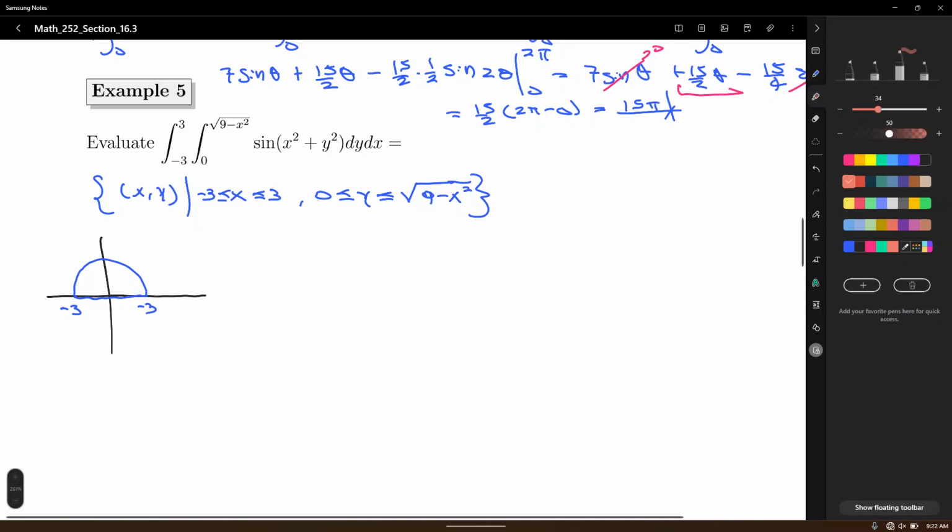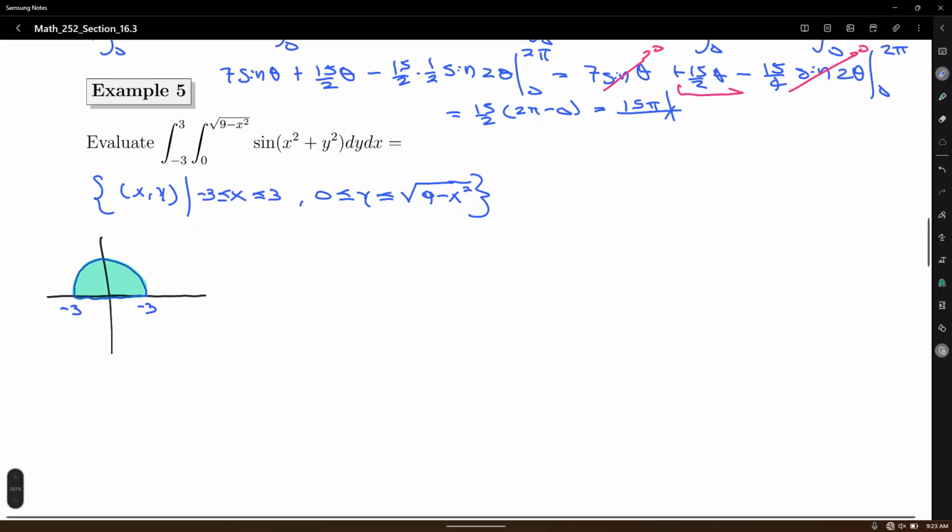So let's shade our region of integration. I think this is good enough for us to write the domain of integration in the world of r theta.